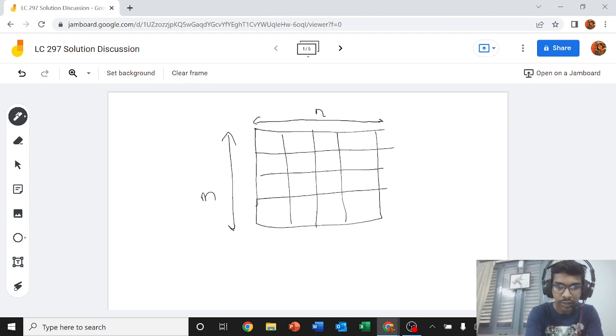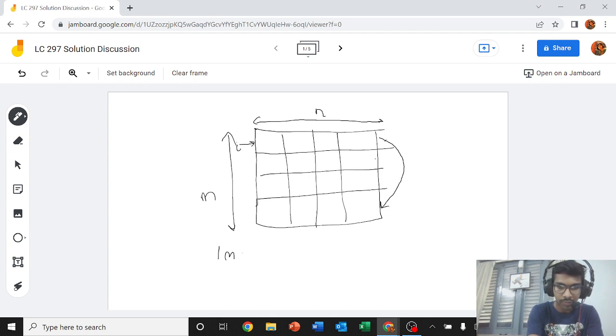Initially we are in the 0th row and we need to reach the last row. So the objective is to travel from the 0th row to the first row to the last row. And in order to move from one row to the next row, we are allowed to make a move.